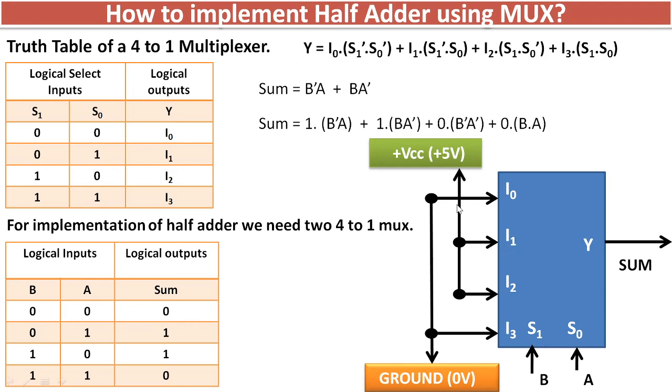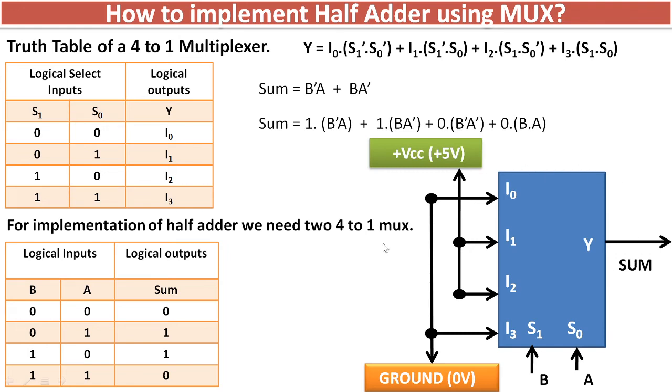Now I1 is 1, so we will get an output 1, which is similar to the second row, and the third one, 1 0. If we provide 1 0, I2 gets selected at the output, and I2 is again connected to high, so we get a high at the output. And when it is 1 1, the input I3 is selected at the output, and since it is connected to ground, we'll get a 0.